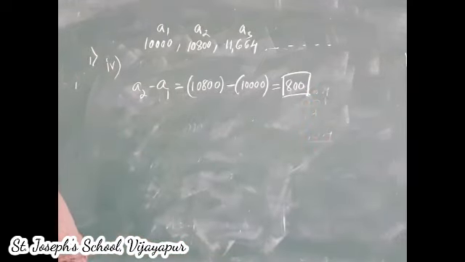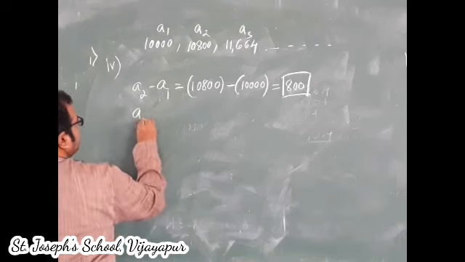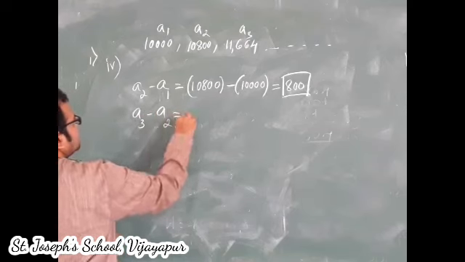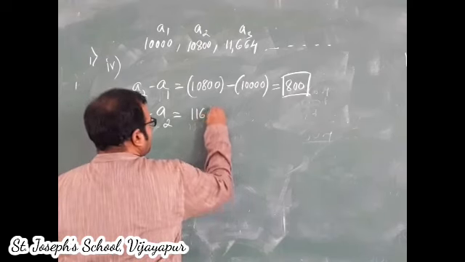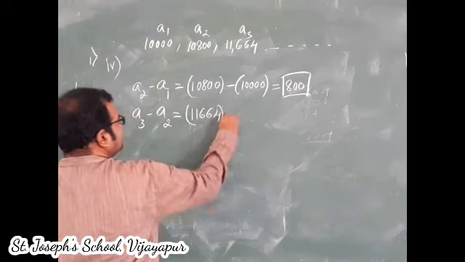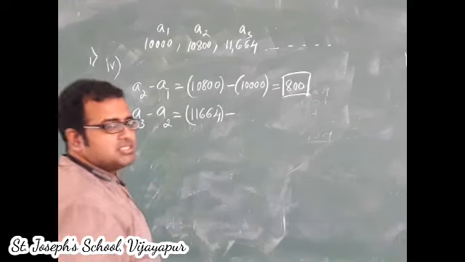Next, we go for the next two consecutive terms. A3 minus A2 is equal to A3, which is 11,664, minus A2, 10,800.